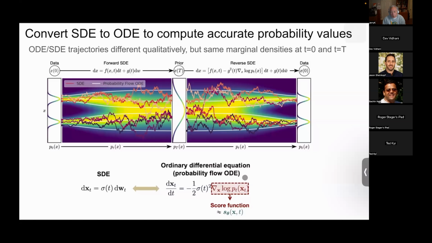So the ODE trajectories, let's just look at it a little bit closer. For any of these original samples that you had, in this case I think they have 6 samples, you see for the red color, it goes and lands here, but you see a corresponding ODE trajectory, which is going like this.